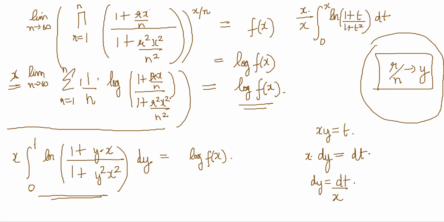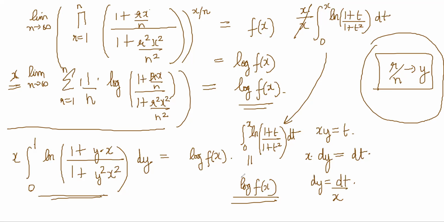So it is integral 0 to x of ln(1 + t) by (1 + t²) dt, and the x cancels off. This is going to be my log of f(x).